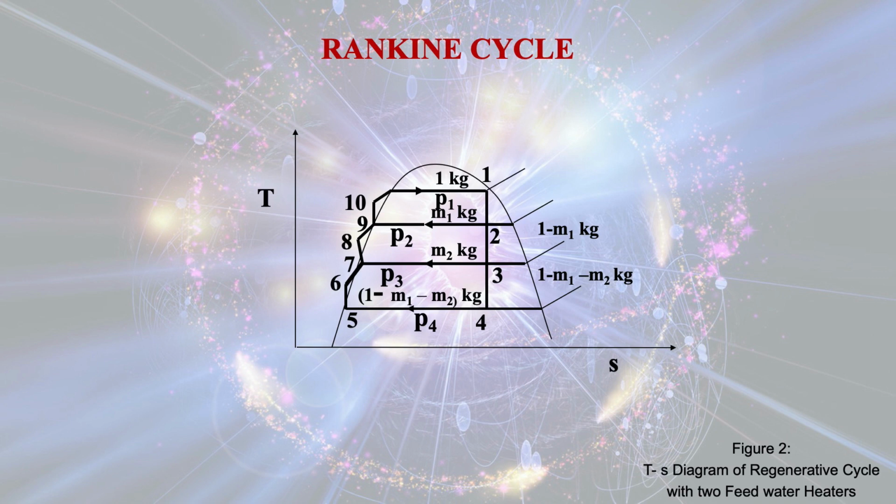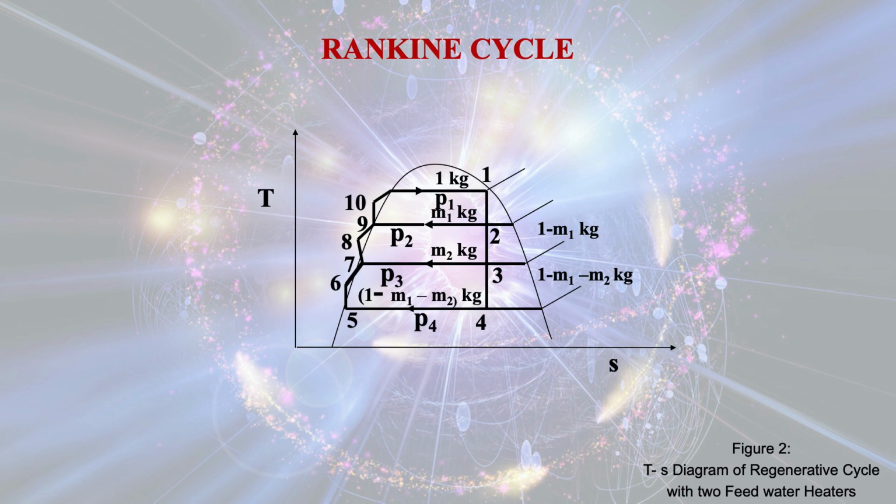The remaining 1 minus M1 kg of steam expands further in the turbine, but at stage 3 another M2 kg of steam leaves the turbine and enters heater 2, and the remaining 1 minus M1 minus M2 kg expands further from state 3 to state 4.